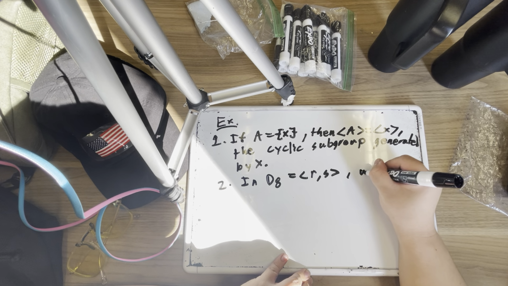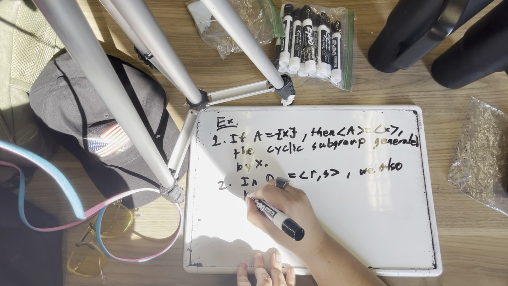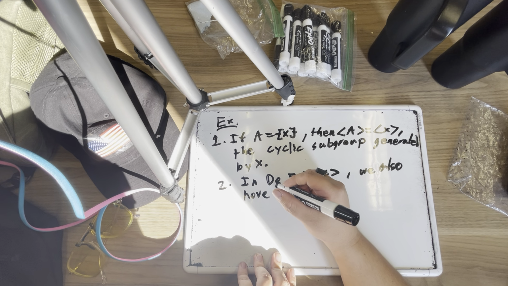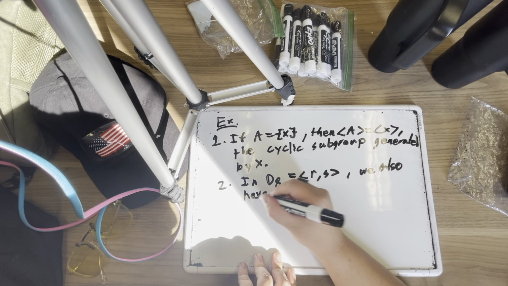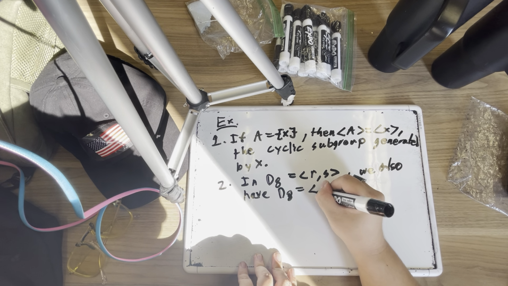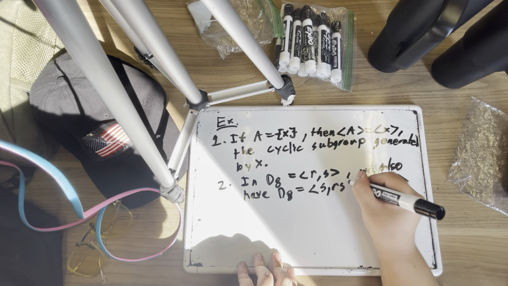So we also have that the dihedral group D sub 8 is equal to the group generated by S and RS.